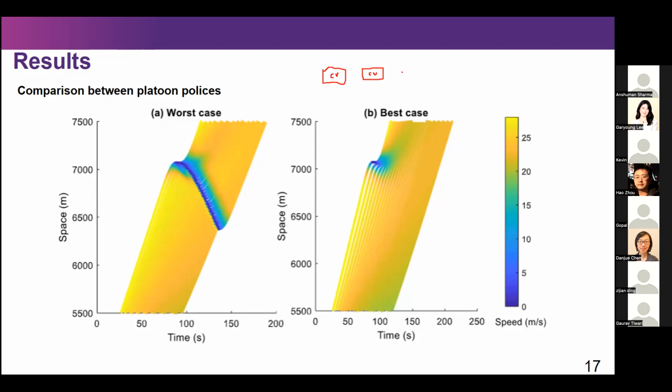Another important thing is a connected vehicle will benefit from the information only when another connected vehicle is in front, because of the kind of information I'm providing. Let's say, for example, I am focusing only on the speed of my leader. Now, there may be a second leader, which is also a connected vehicle.